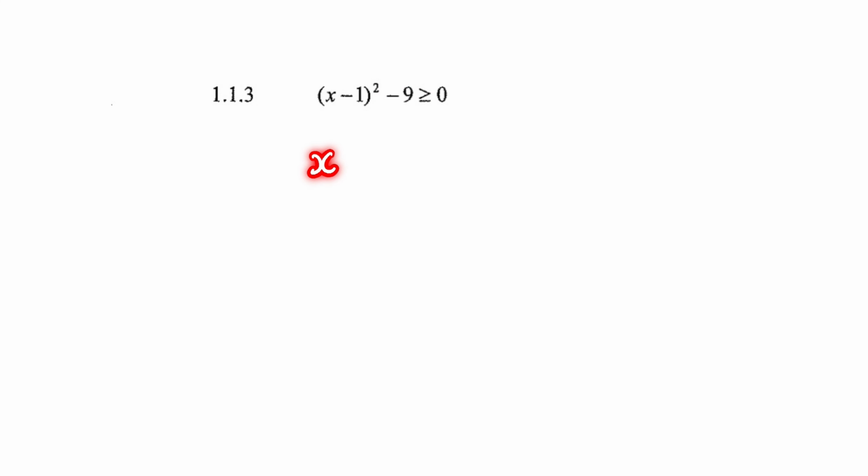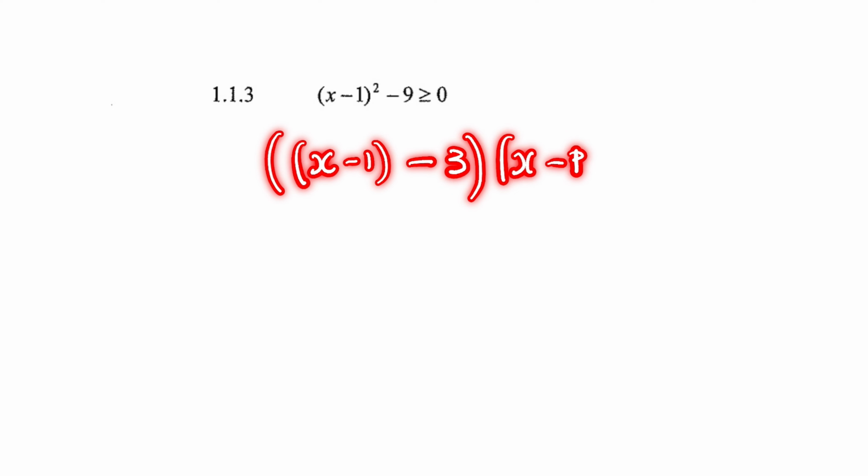So I can say x minus 1 minus 3 times x minus 1 plus 3. So I identify the difference of two squares. But that is a little bit complicated for most students. So let us take a little bit more of a natural approach.